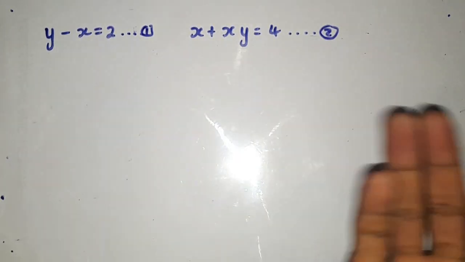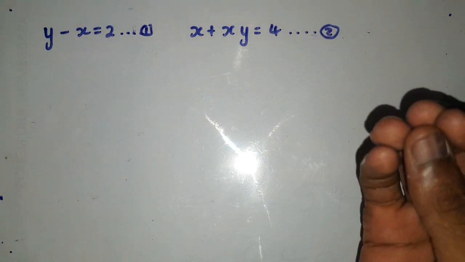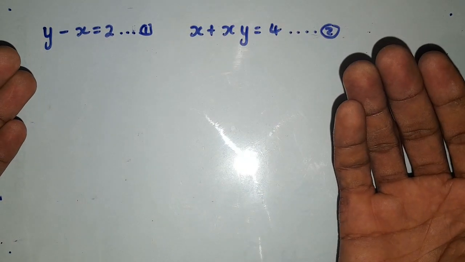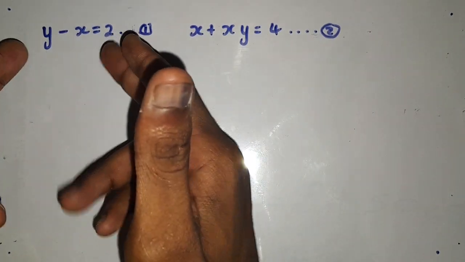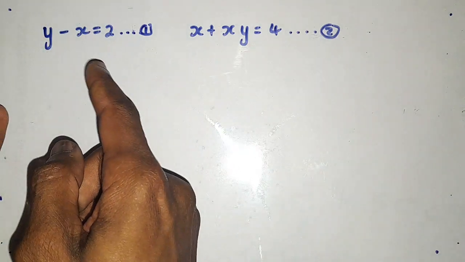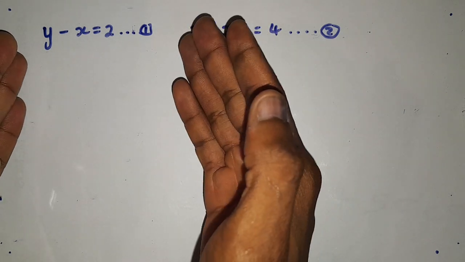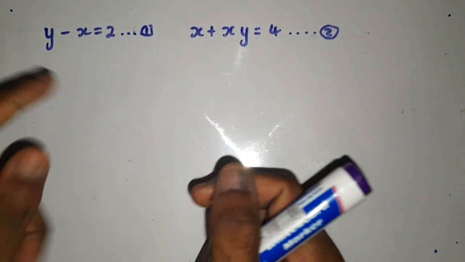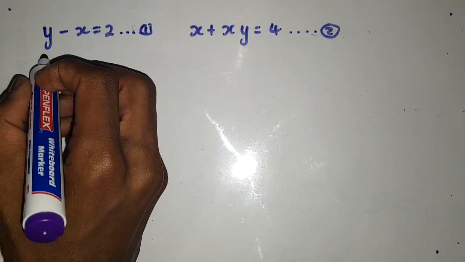From these two equations, you must somehow choose the simpler equation, which is equation 1 in this case. This one is not complex compared to equation 2. Try to make either x or y the subject of the formula. Let me take equation 1 and make y the subject of the formula.